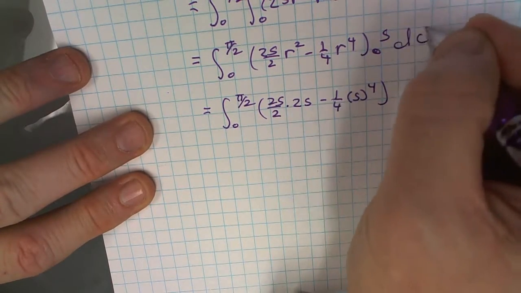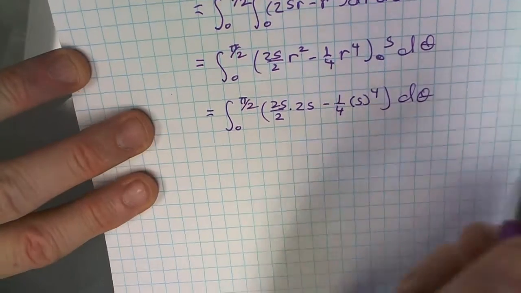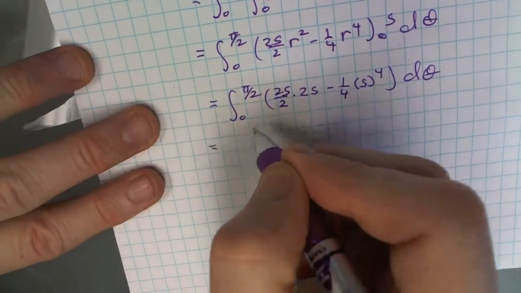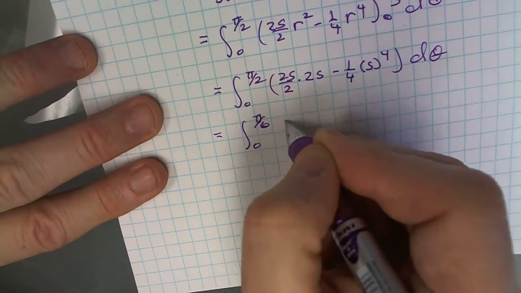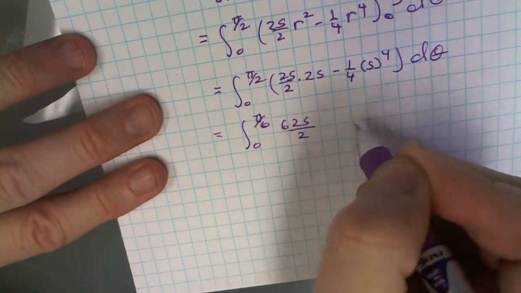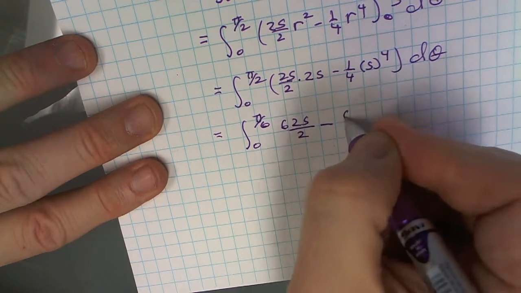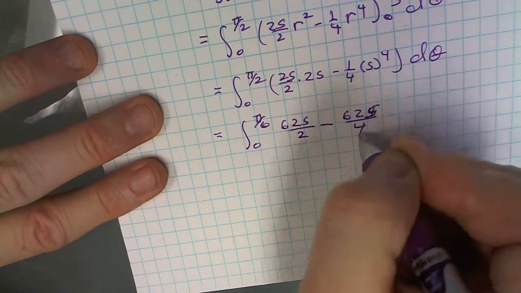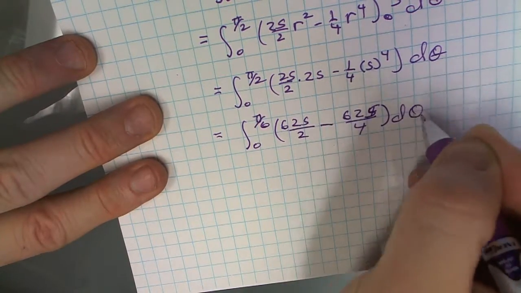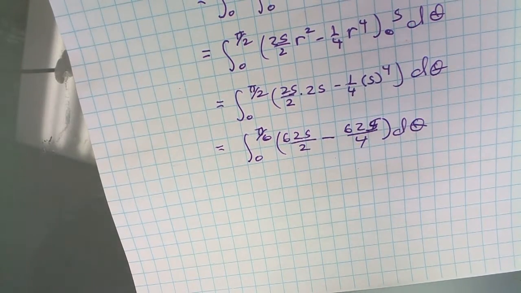I forgot the d theta. So I guess this is 625 over 2 minus 625 over 4. You can see that, of course, it's easy after this. Then we would just integrate with respect to theta, and we would be done.